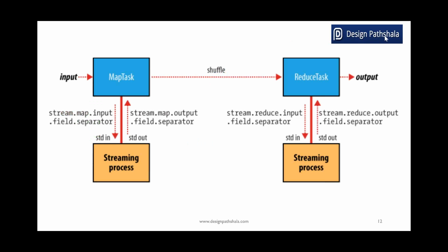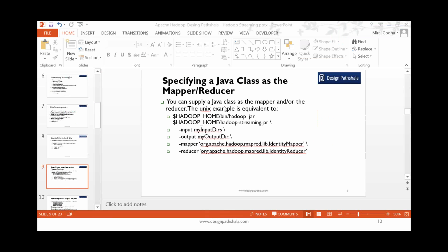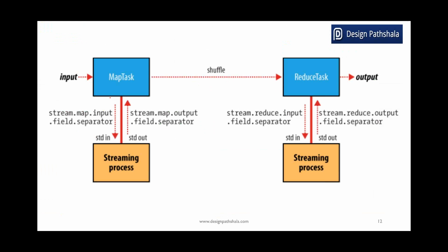So this is practically what happens at the back end. Your map task sends your data to a streaming process, that is your streaming mapper. The streaming mapper sends the output to your map task. In between, the sort and shuffle phase applies.